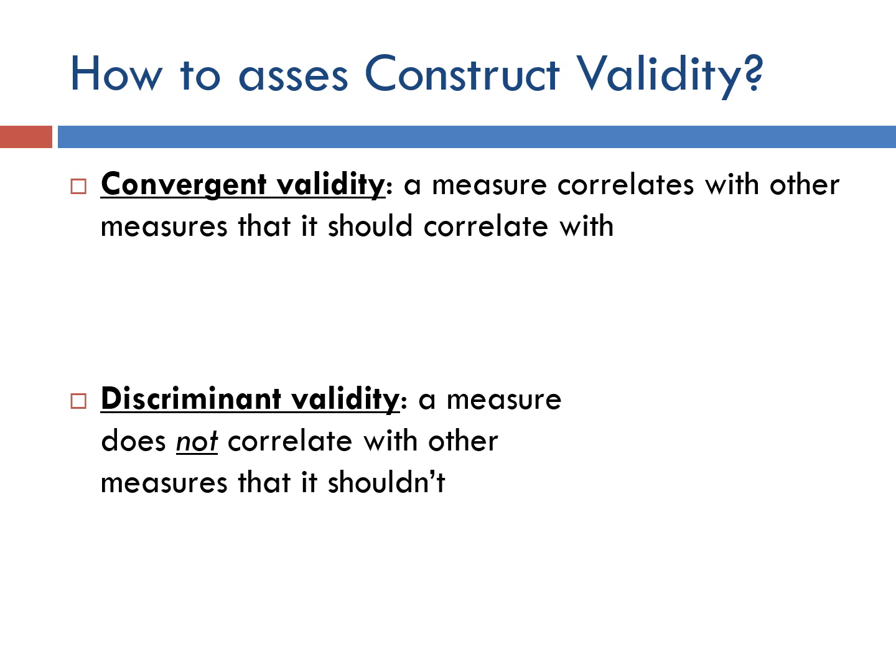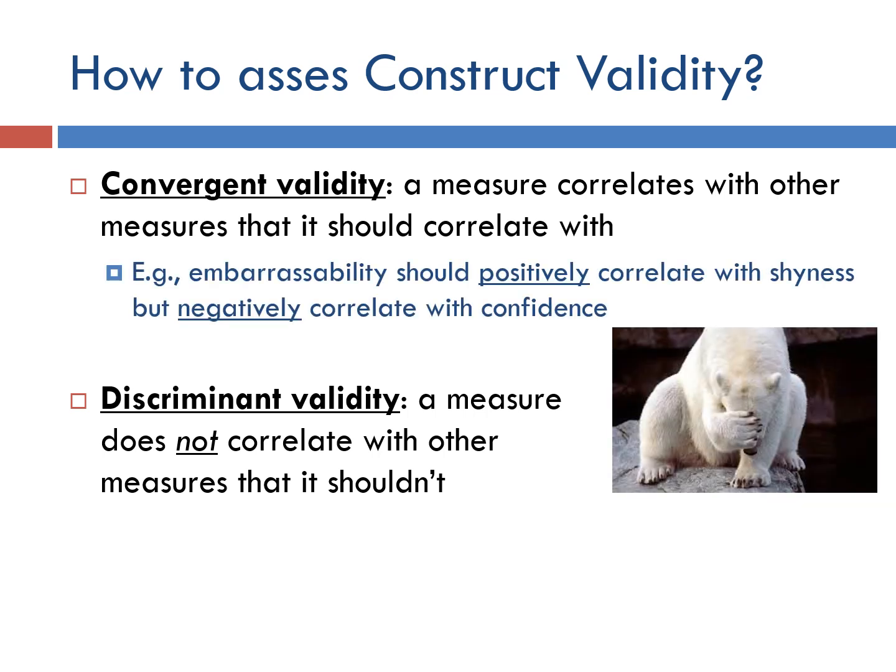Convergent is when you expect a correlation similar to criterion, but this is when you're correlating with other measures. Whereas criterion was correlating between your measure and an objective behavior, now we're doing it between measures. For instance, if we have an embarrassability measure, how much you get embarrassed, we would expect that to correlate with a shyness measure, or negatively correlate with a confidence measure.